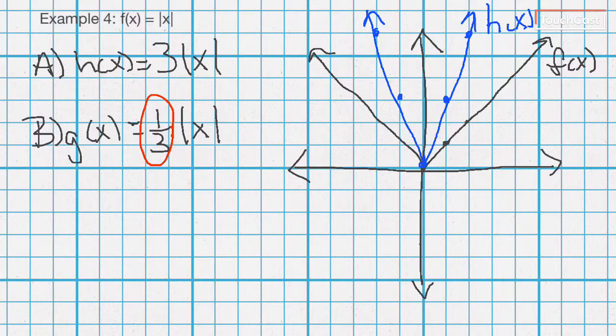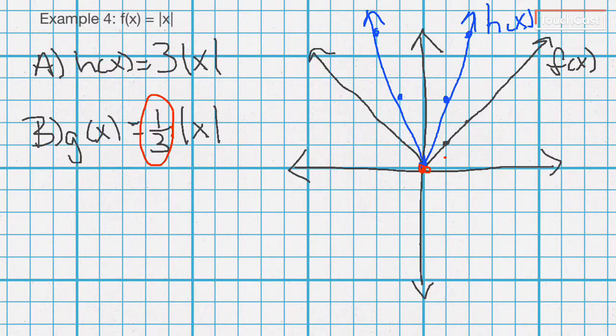What that means is each of our original points from f of x are going to become a third, or the y value will be a third of what it originally was. So we'll still have 0, 0 at the origin, but now instead of 1, 1, we're going to have 1, 1/3. And that's a little harder to figure out where exactly it is.